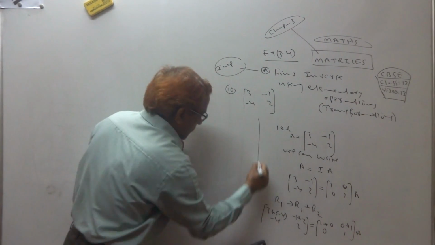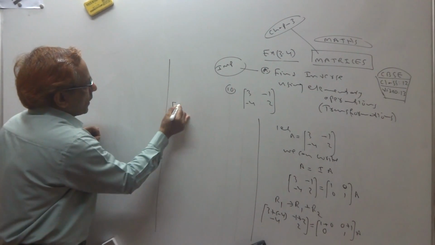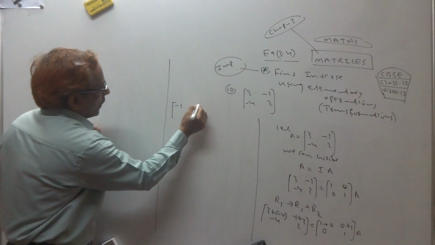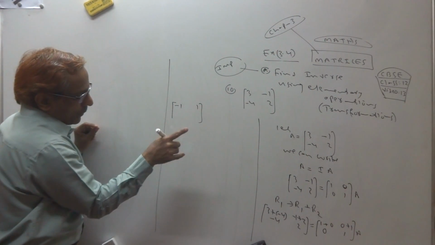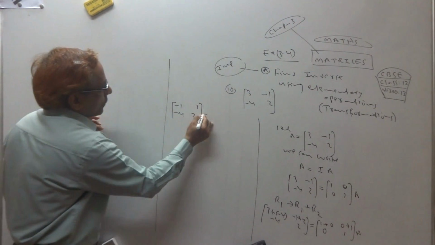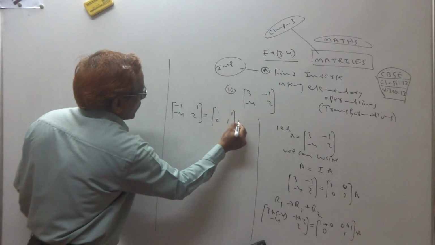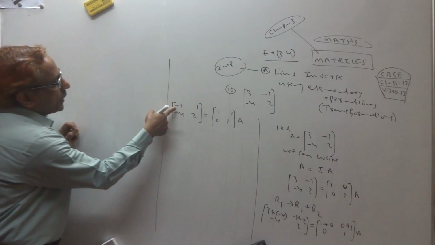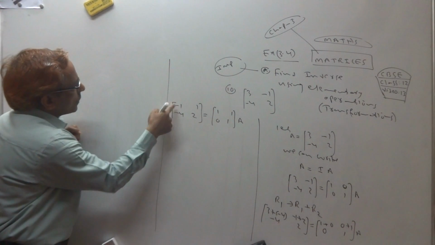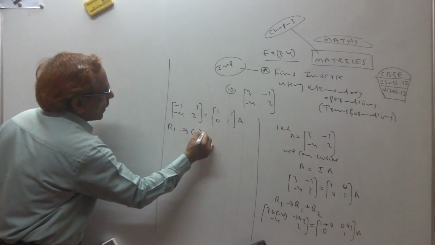After that, see what you are getting. We have taken R1 plus R2, so row 1 is minus 1, 1, and row 2 is minus 4, 2. The right side is 1, 1, 0, 1. Now we need 1 here, so R1 gives minus 1 into R1.